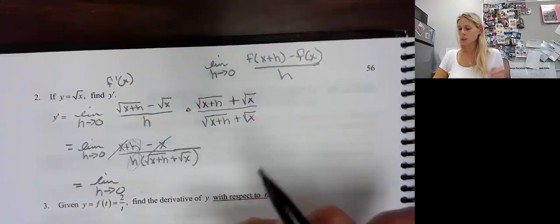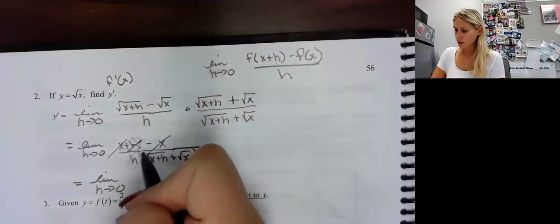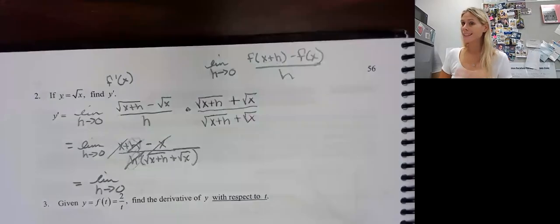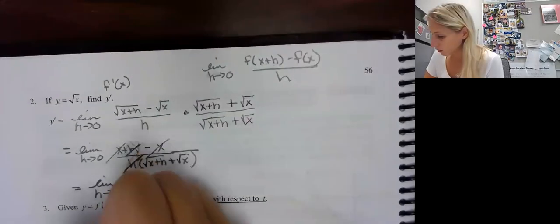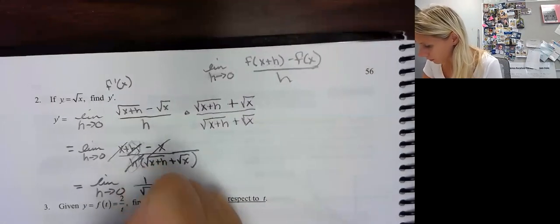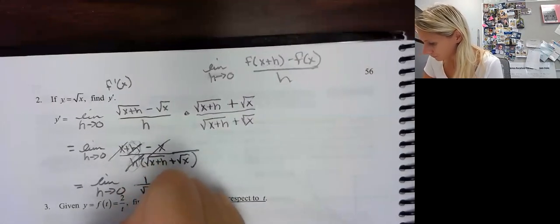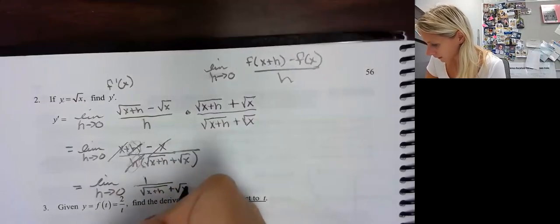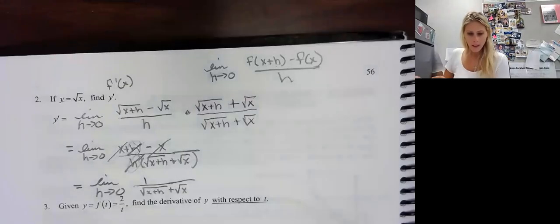Well, h over h is 1, so those two cancel. Be very careful what's in the numerator. If there's nothing there, it's not 0, it's the value of 1. So I have 1 over the square root of x plus h plus the square root of x.